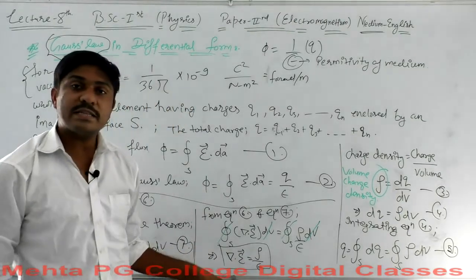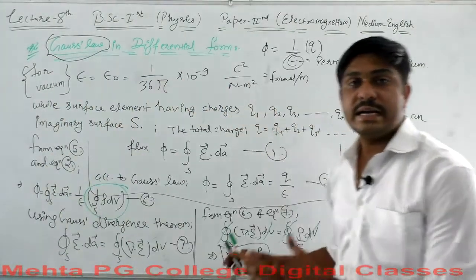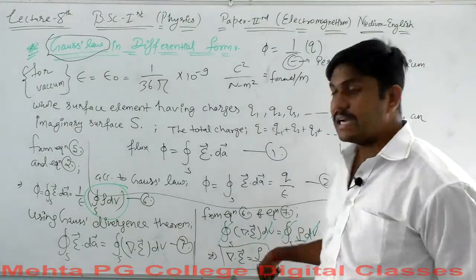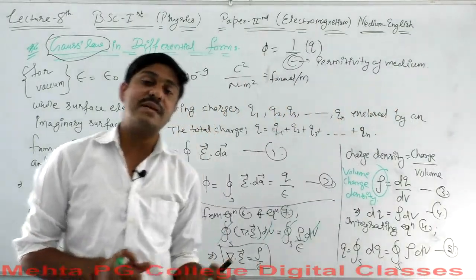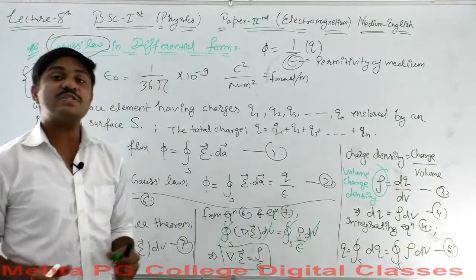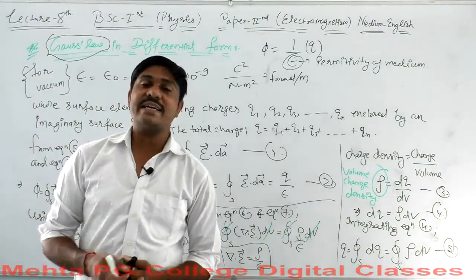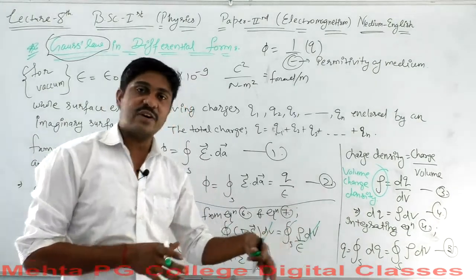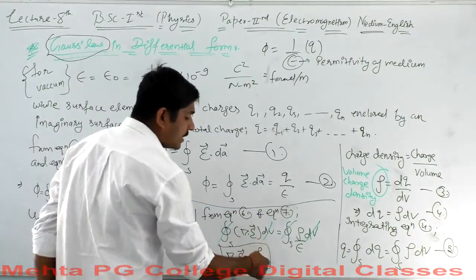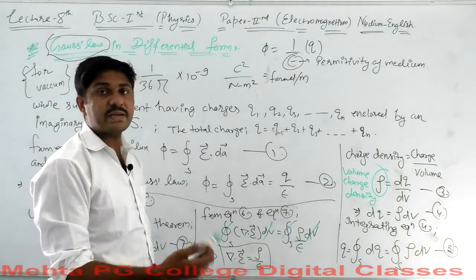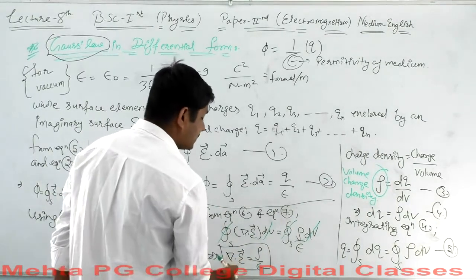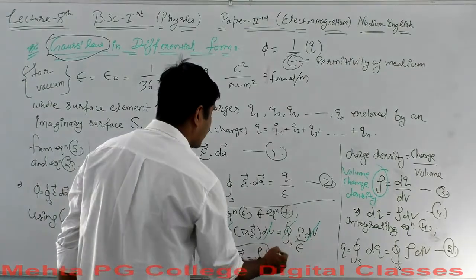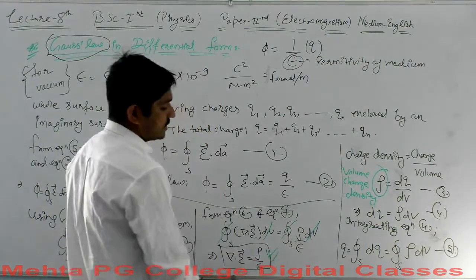So this explains Gauss's law in differential form: del dot E, the divergence of the electric field vector or electric field intensity, will equal 1 over epsilon times the volume charge density. So this is the result here.